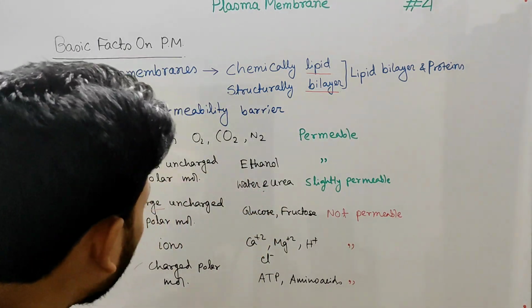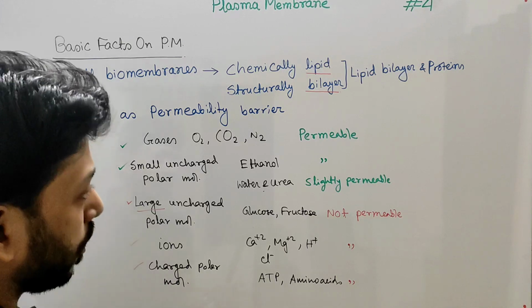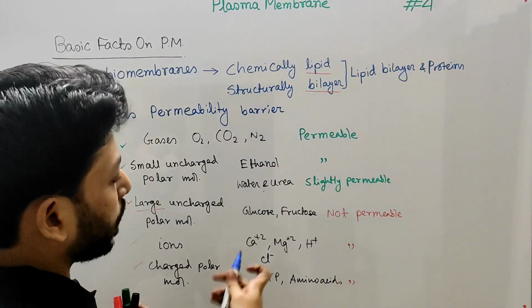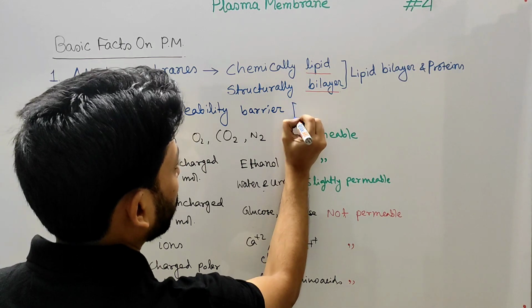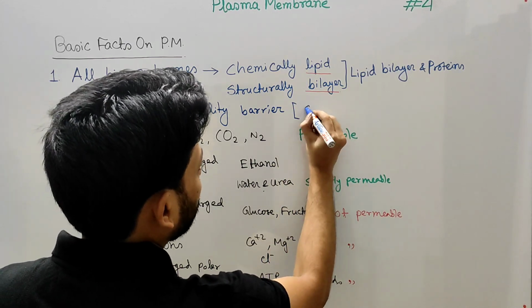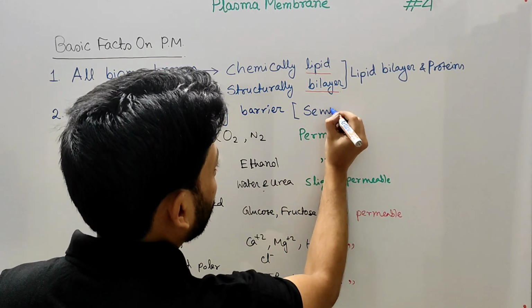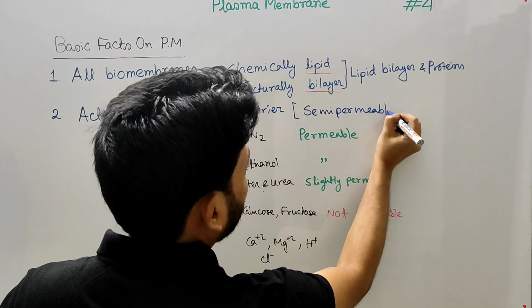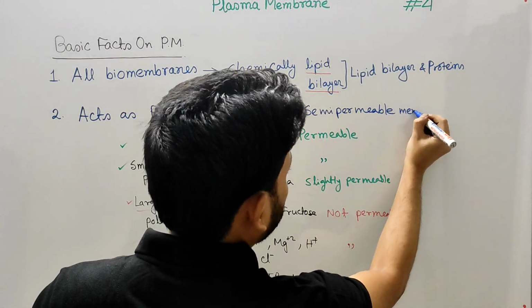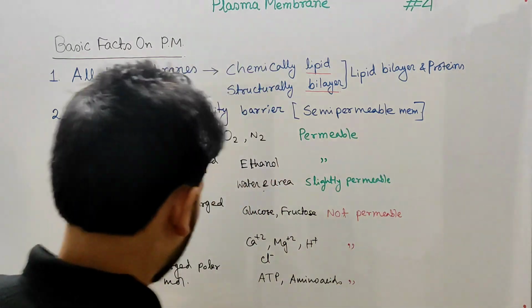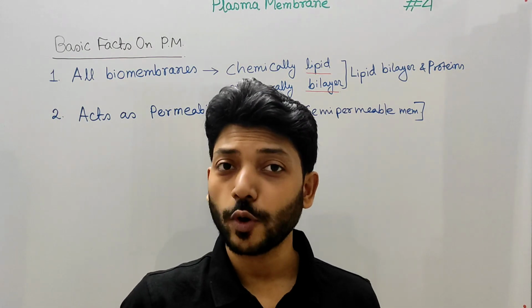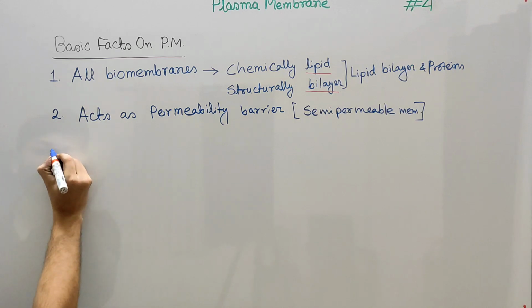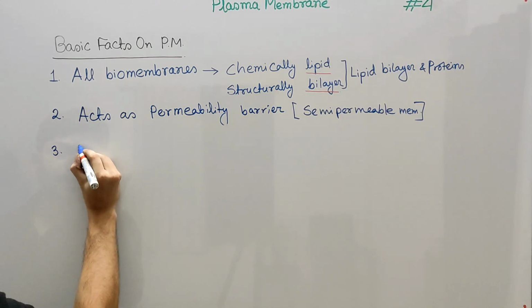As few molecules are permeable and few are not, that's why plasma membrane is called semi-permeable membrane.